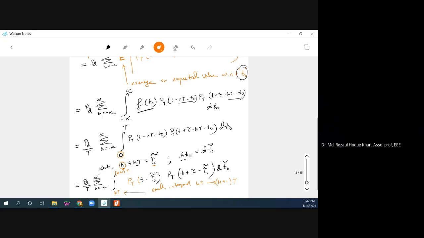And from here we can see k itself goes from minus infinity to plus infinity, which means we can actually combine this.